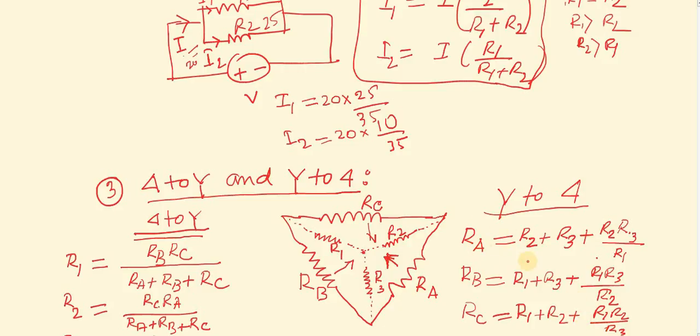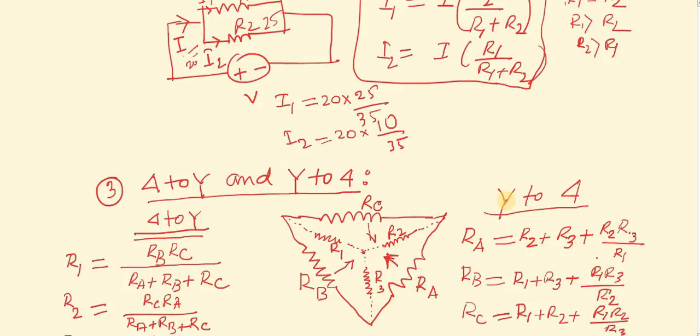So this is the basic formula. Actually, in this case you need not remember this formula. You have to remember the technique applied to find the delta to star and star to delta conversion. In the delta to star conversion, I just told you that you have to multiply the adjacent resistance values divided by the sum.